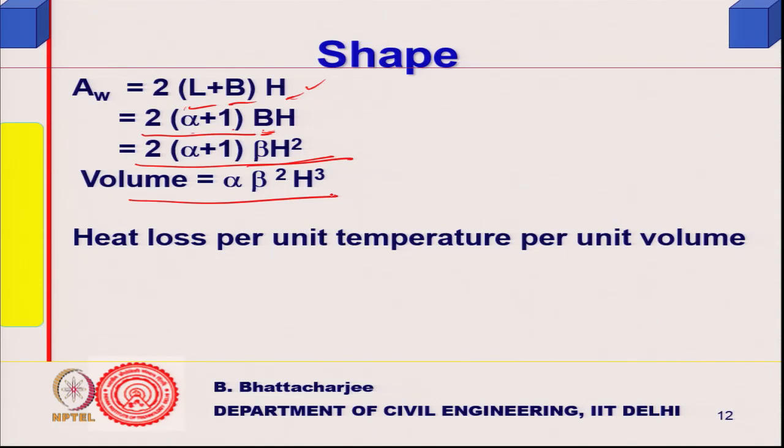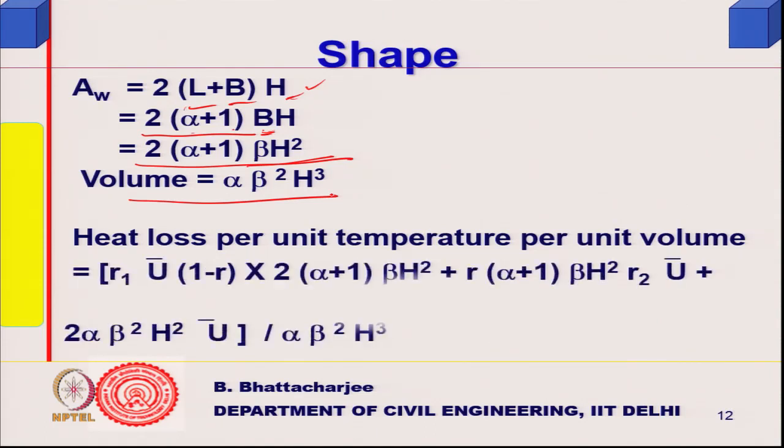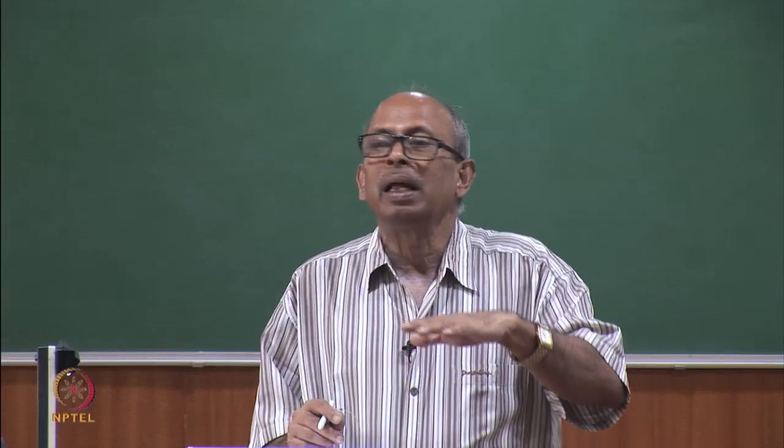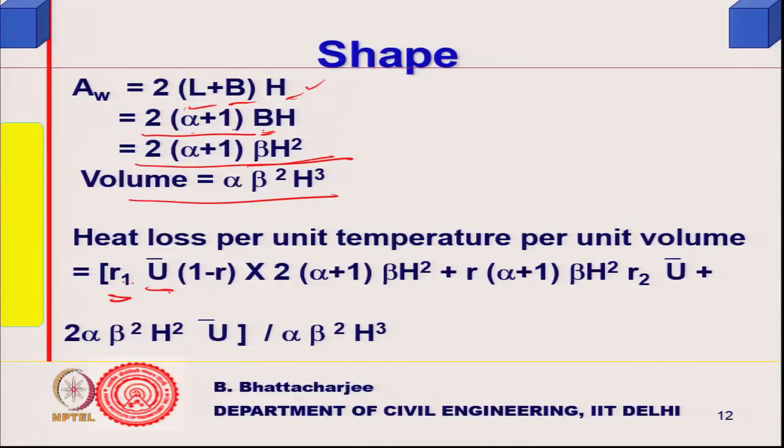So, heat loss per unit temperature per unit volume can be written like this, because we said R1, which was a ratio of U bar, the average of roof and floor U values. So, this was the ratio of wall U value divided by the U bar. So, this is nothing but UW (1 minus R), putting this (2 alpha plus 1) area of the wall, and this is related to glass area.